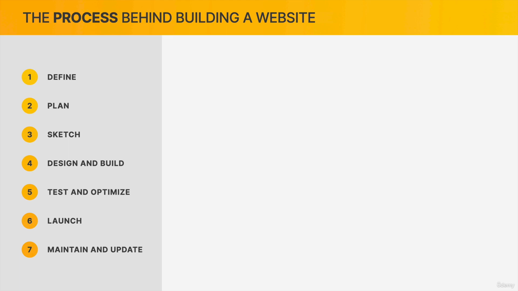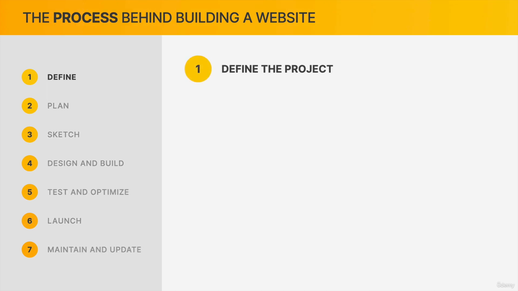Then, once that is done, we need to, of course, test and optimize that page before we can actually launch it. But even then, we are not done, because any website that is live on the web needs to be maintained and updated.